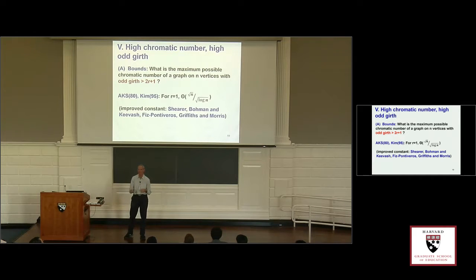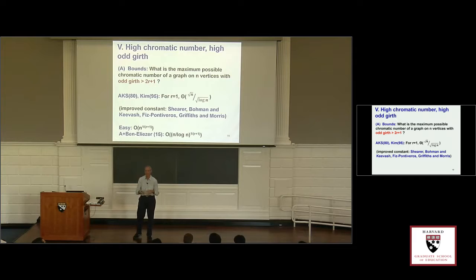So when r is 1, as I said, this was basically solved by Ajtai, Komlós, Szemerédi and by Kim. And the answer up to a constant factor is square root n over square root log n. And the constants have been improved. Maybe there is still a gap of about 4 between the upper and lower bound. Something like this. Now, what about bigger r?